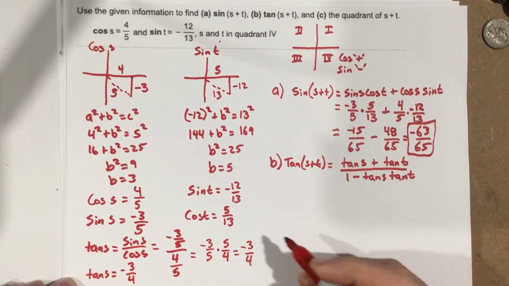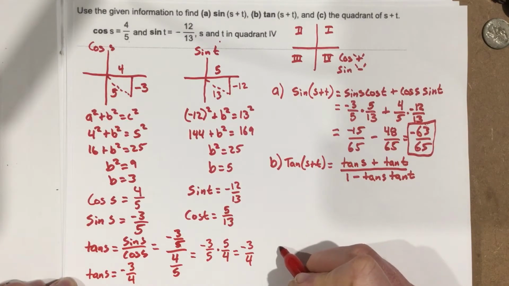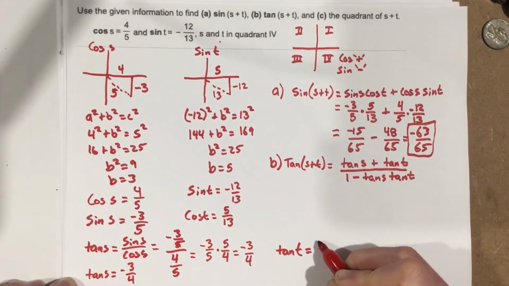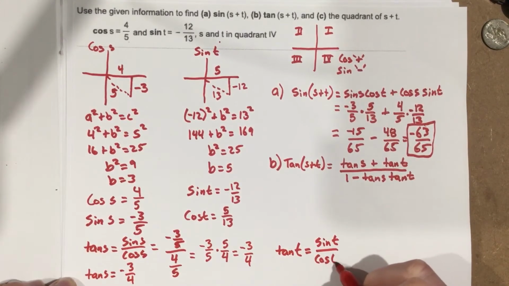Okay, what about tan t? I'm going to write it down here so I have room to write above. So tan t, same process. We got sine t over cosine t.